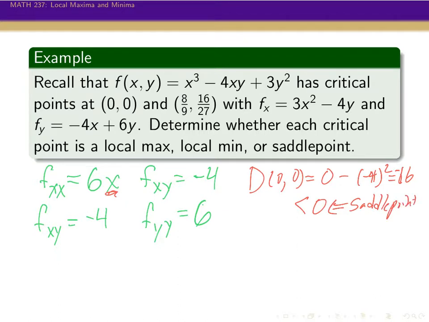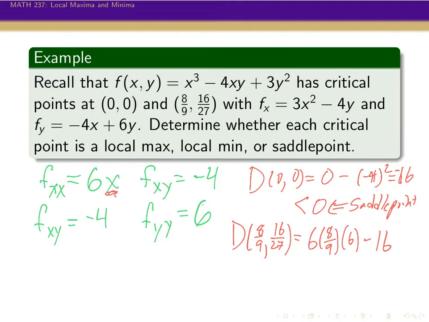Okay. For the other point, (8/9, 16/27), if we plug this in, we're going to get 6 times 8 ninths times 6, again subtracting off 16, same as before.